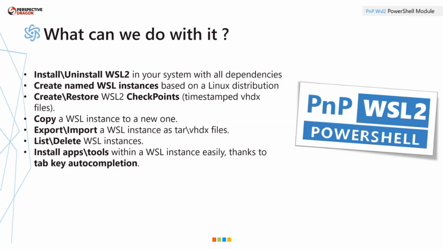It can be Debian, it can be Ubuntu, it can be whatever is available. We can create checkpoints and restore them. We can copy an instance to another. We can import and export. We can list and delete WSL instances, and we can have packages to install. We call them candies, little apps inside of the WSL. Okay.